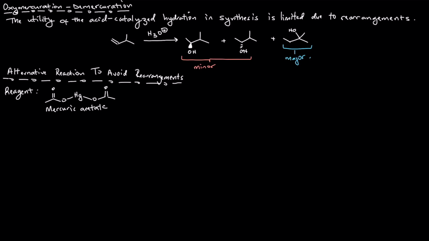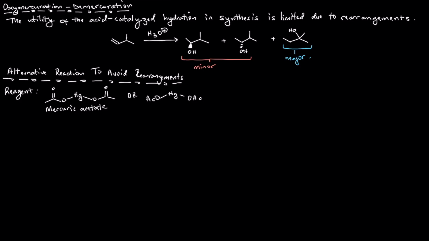And this is what mercuric acetate looks like. So it's a mercury transition metal that is ligated to two acetate molecules. And here's a short form for mercuric acetate. So we shorten the acetate to AcO so that we can help save space, but also be more convenient.